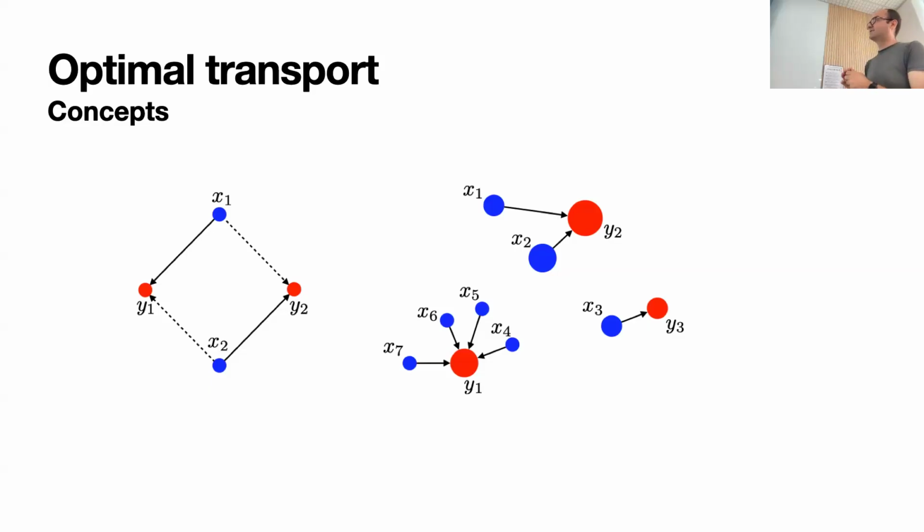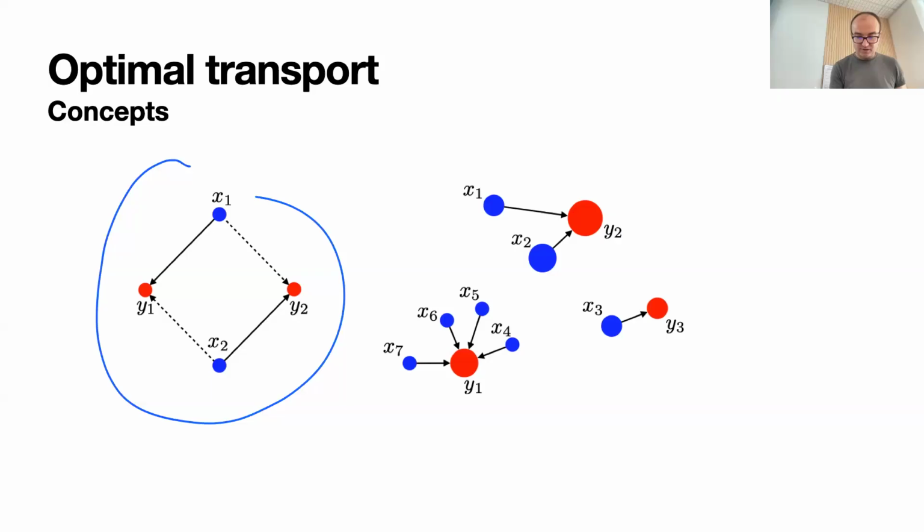And this problem is not simple, because we have to take into consideration the cost of moving something from A to B, the timing, and the amount. It might happen that, like in this scenario here, a part of the blue thing can go here and another part can go here, or we can select whether we should put everything here or everything here, and stuff like that. So this is a rather complicated optimization problem.